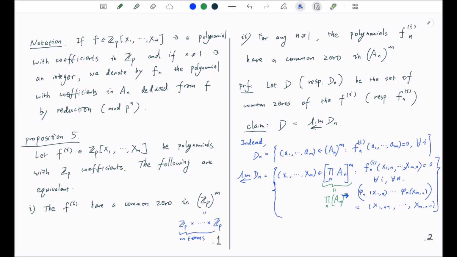You can first take the m-fold Cartesian product, then take the infinite product. They are actually the same. And each vector x_i has its nth component denoted by x_{i,n}, which is what's going on here.